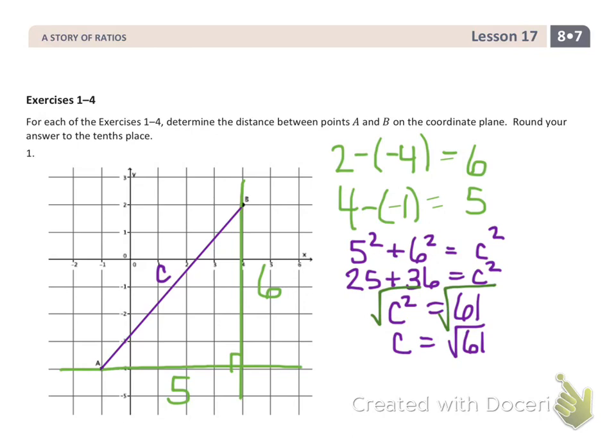And then if you can estimate, probably the closest whole number would be 8, because 8 times 8 is 64. 7 times 7 is 49, so it's pretty close to 8. And if you put that into your calculator, you're going to get that approximate to the tenths. That C is 7.8 units.